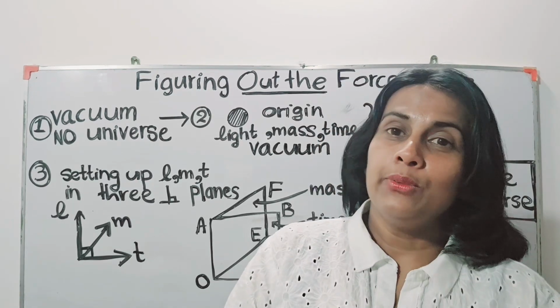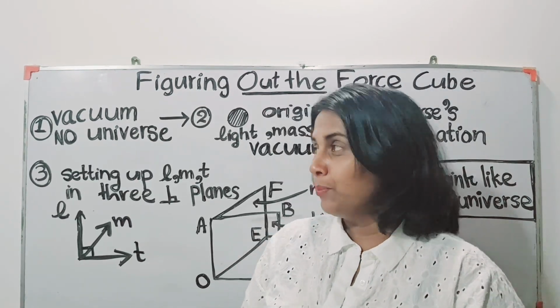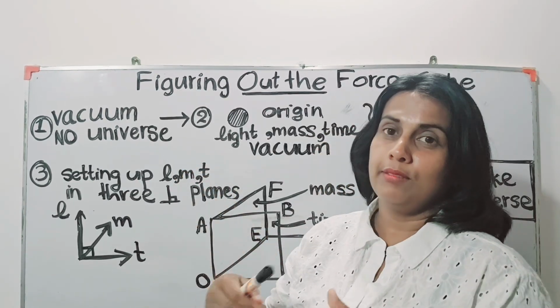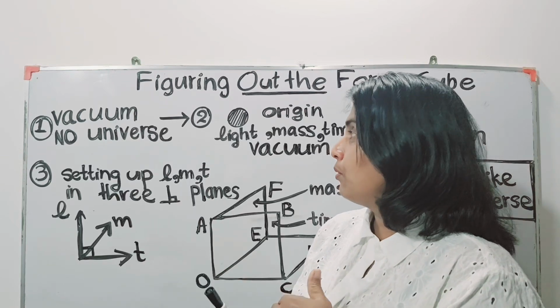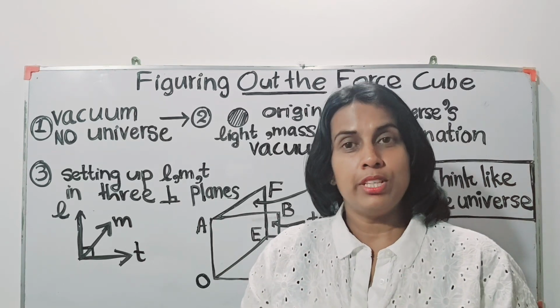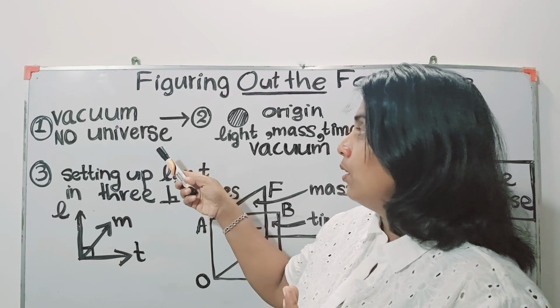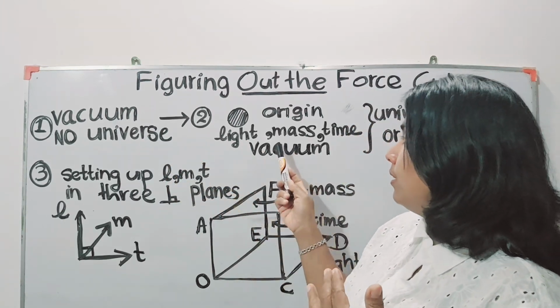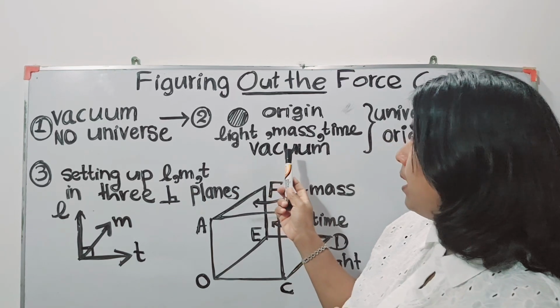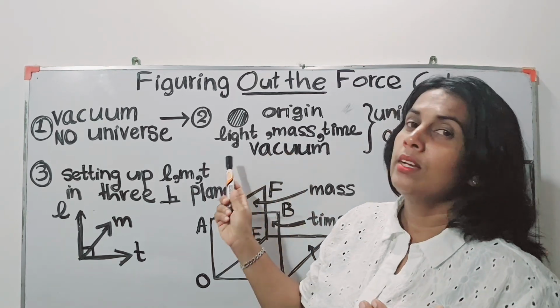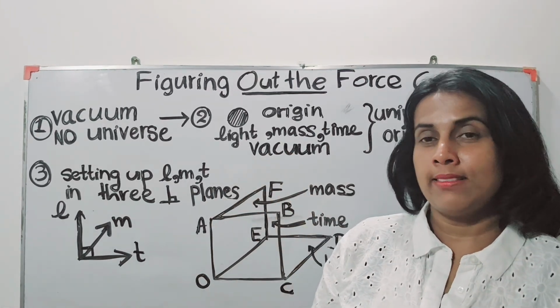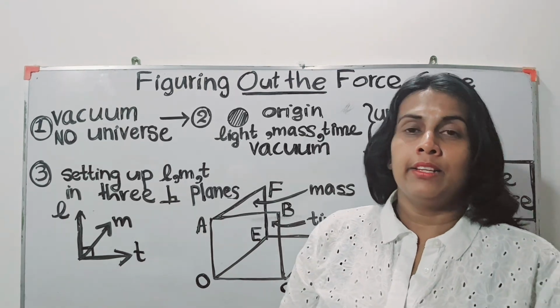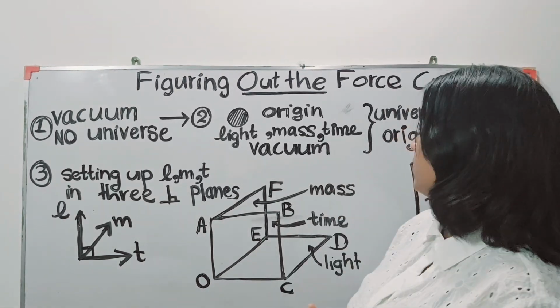Now we know that the universe originated in a vacuum, and before the origination of the universe there was no universe and there was only a vacuum. Then the origination took place from three elements: light, mass and time, and it also took place in the vacuum.